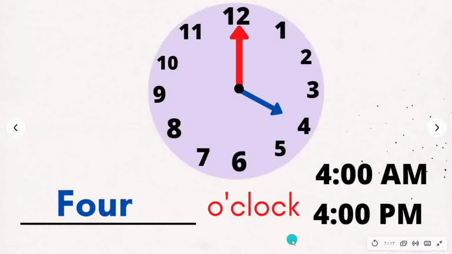Number 4 here, because the short hand is showing number 4. Why o'clock? Because the long hand is showing number 12. You can also write it like this: 4:00 a.m. and then 4:00 p.m.